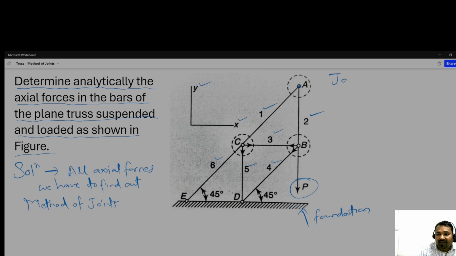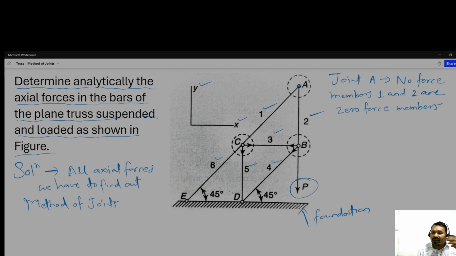So at joint A, what is the observation? No force is there. Okay, that's why the members 1 and 2 are zero force members.